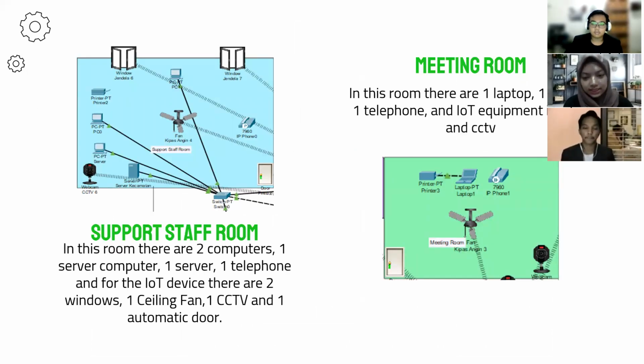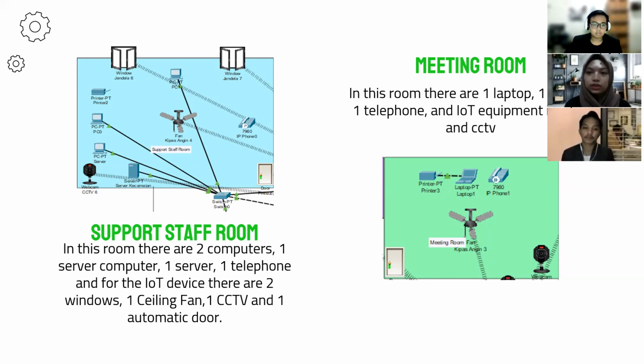Okay, thank you, Yudhis. I will describe all the rooms in our project. First, we have the support staff room. In this room, there are two computers, one server, and one telephone, and for the IoT devices, there are two windows, two ceiling fans, two CCTVs, and one automatic door.